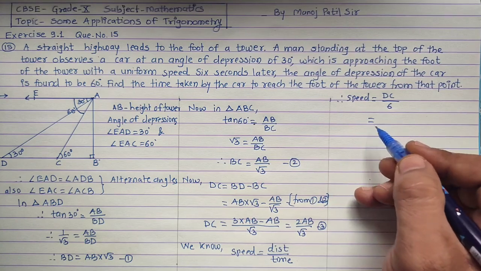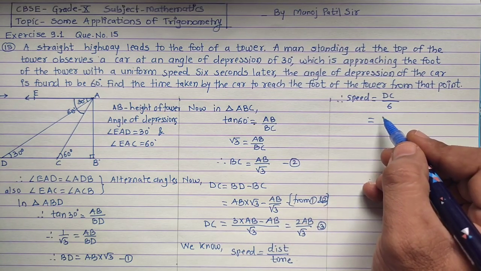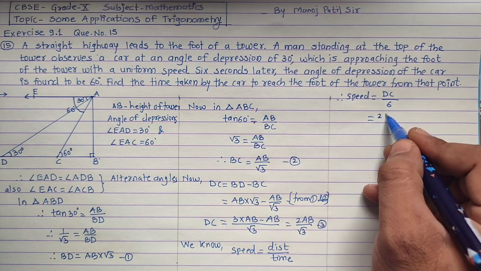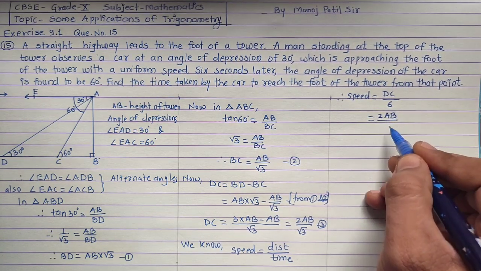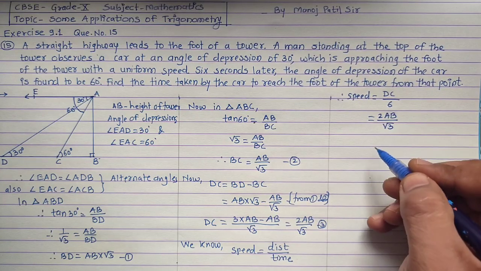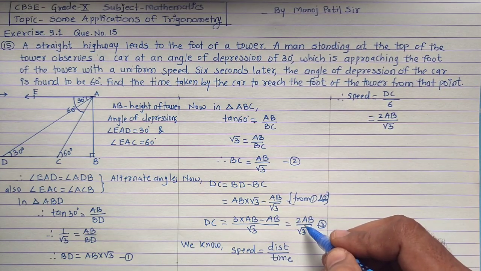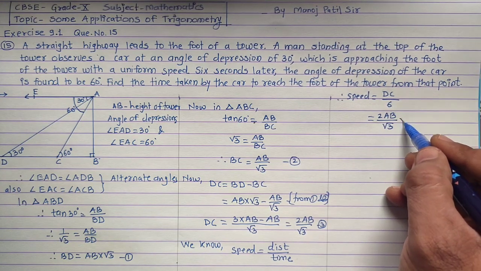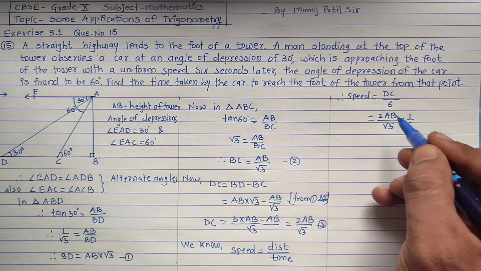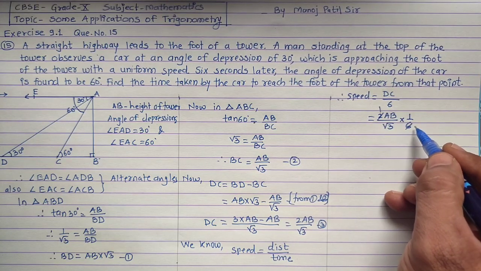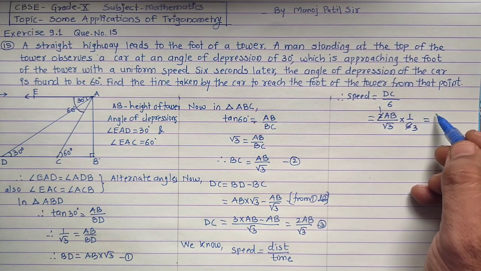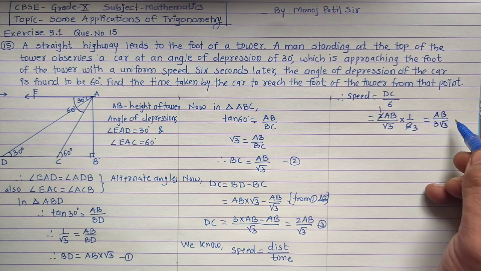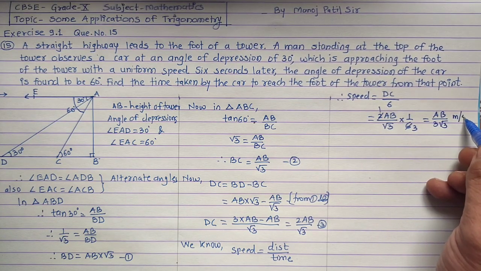Let us substitute the value of DC from equation number 3: 2AB upon root 3, divided by 6, which means multiply by 1 upon 6. So 2 ones are 2, 2 threes are 6, and therefore we get AB upon 3 root 3 as the speed, in meters per second.